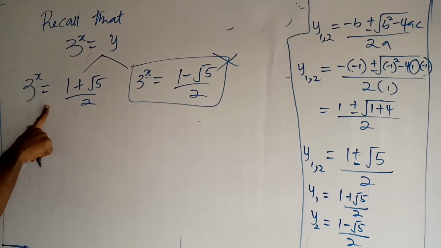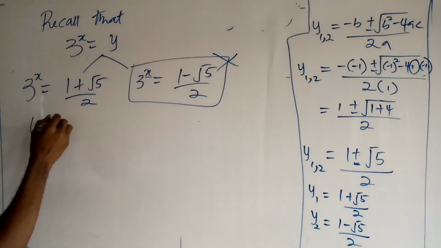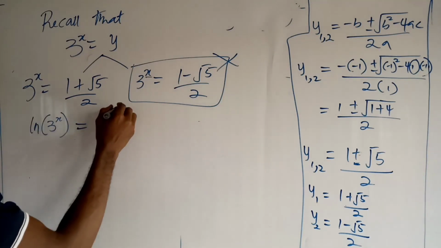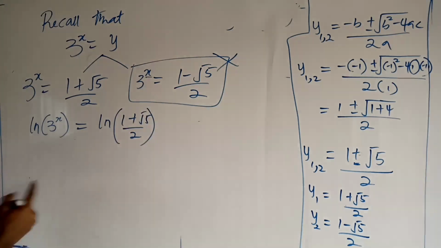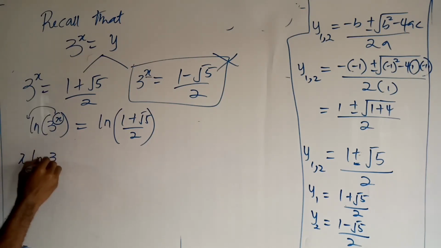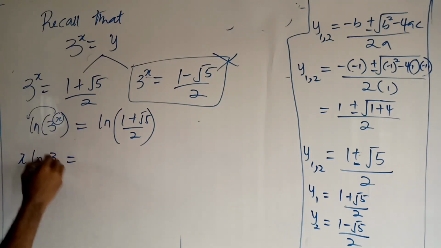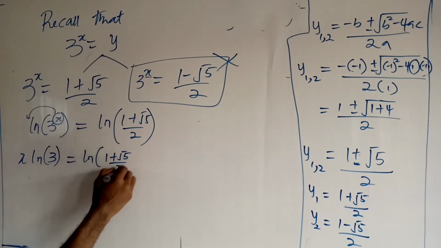You can take the natural logarithm of both sides from here. So you have the ln of 3 to the power x is equal to the ln of 1 plus root 5 upon 2. And of course, you know the exponent is going to fall behind. So you have x ln 3 is equal to ln of 1 plus root 5 upon 2.